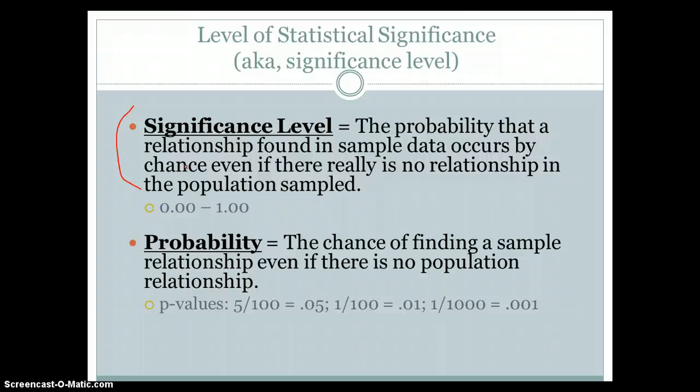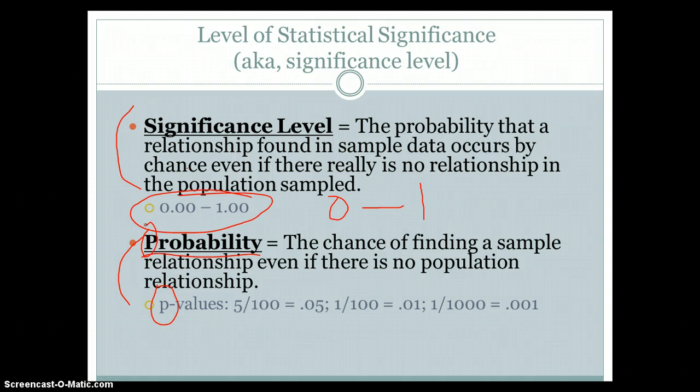So how likely is it that we're going to find a relationship or find a difference in our sample if there's no relationship in the population that's sampled? And our significance level can vary anywhere between 0 to 1. It's usually a proportion, and we call it a probability or a p-value, right?